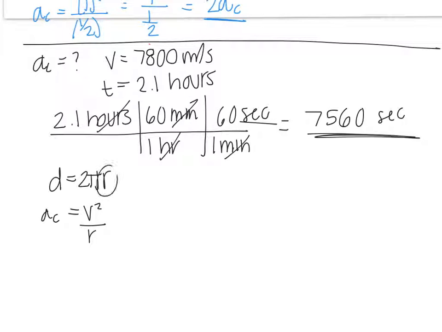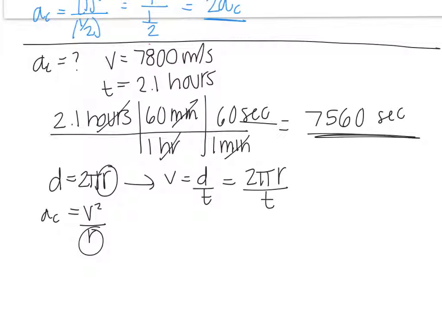So I definitely need to find r because I need r to solve for A_C. What I do know is the velocity and the time. I'm looking for distance, so I could say v is equal to d over t, and instead of putting distance, because I don't know that, I'll put 2 pi r over t.